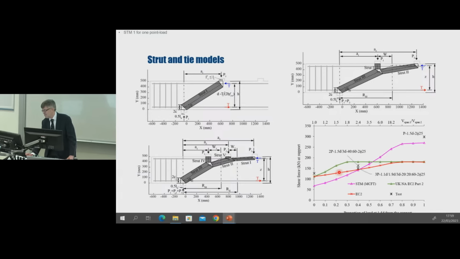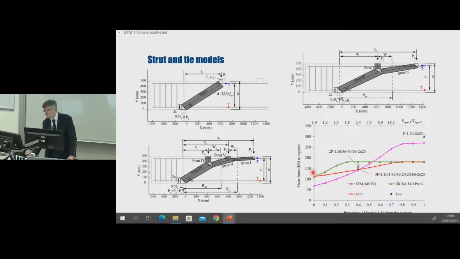This chart compares the predictions of the strut and tie model with the measured strengths of the tested beams. And so that's the pink line here. And so you can see that the strut and tie model gives excellent predictions of the failure loads of the beams loaded at 1.5D and 3D, and also for the beam just loaded at 1.5D.